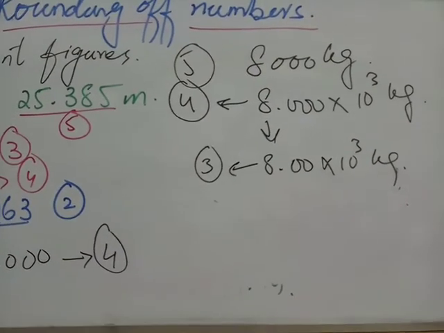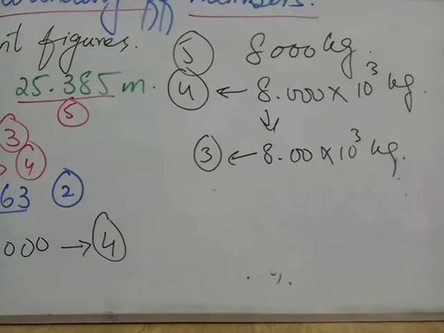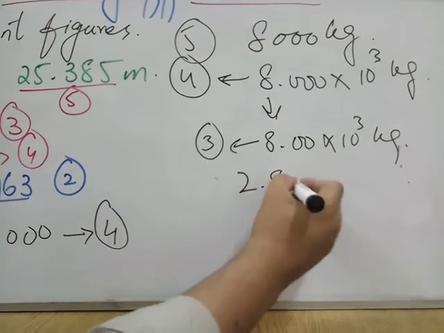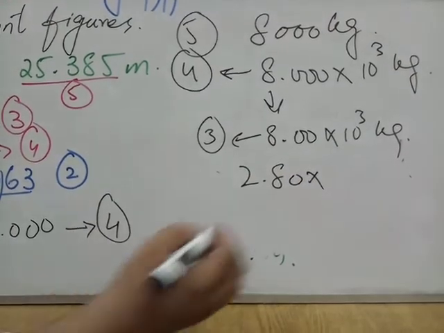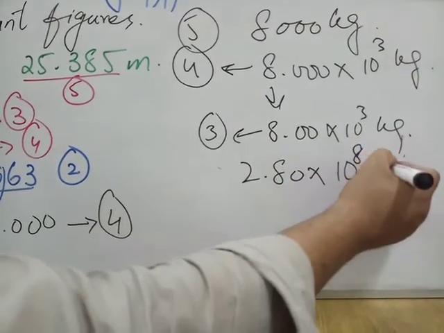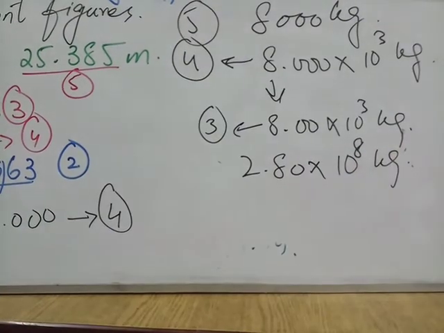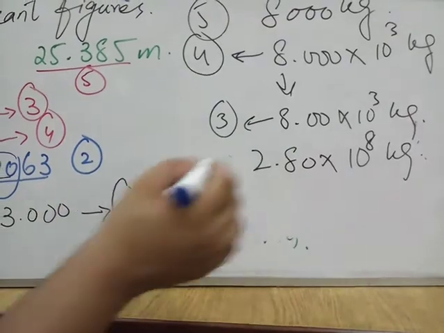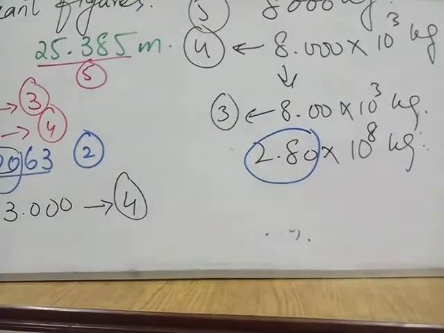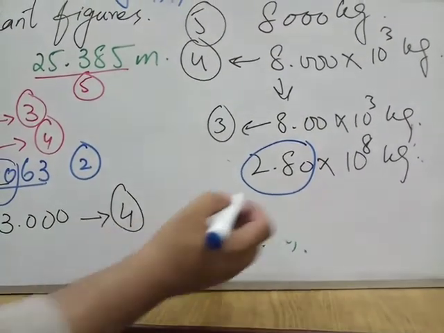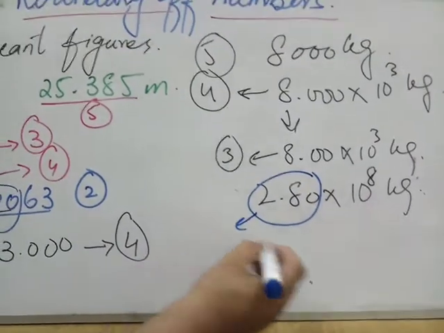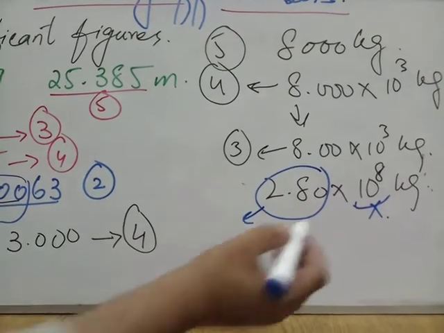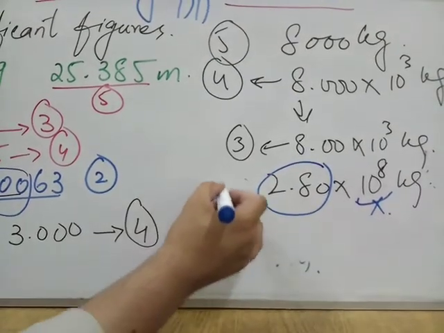Number 6 is, when the measurement is recorded in scientific notation or standard form, only these values are significant. In standard form, the power of 10 is not significant, only the remaining values are significant.